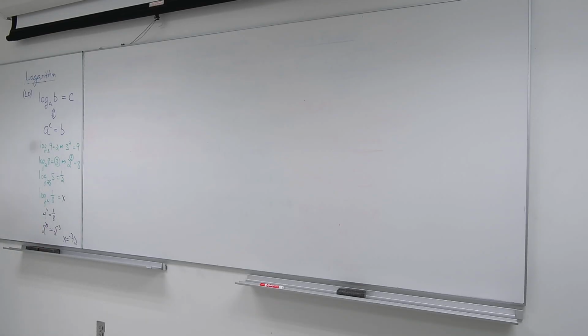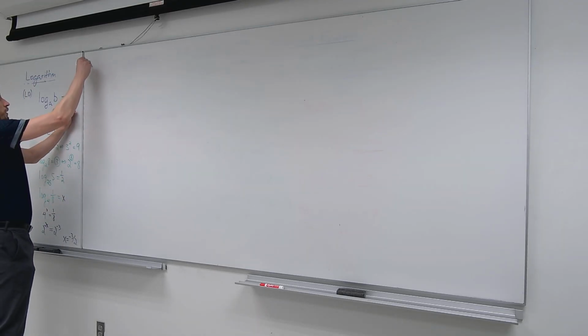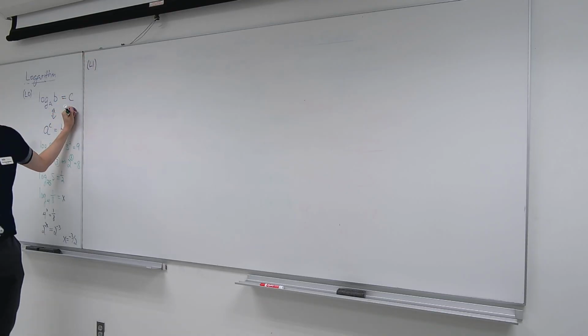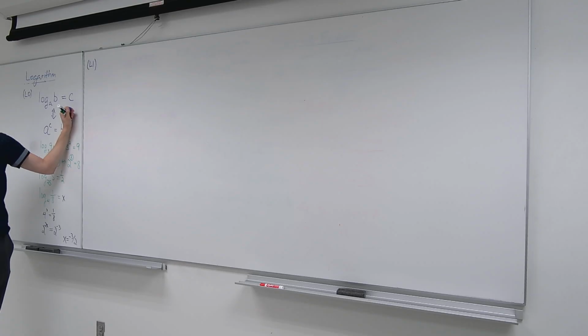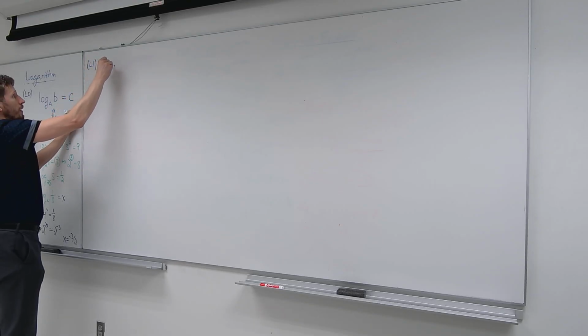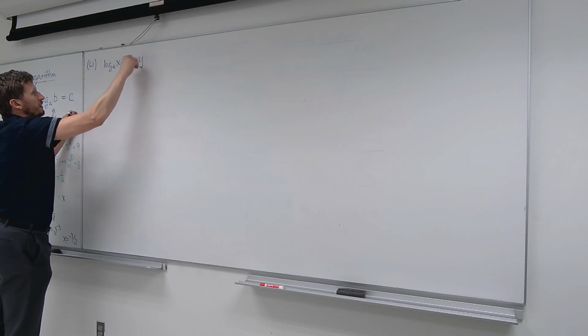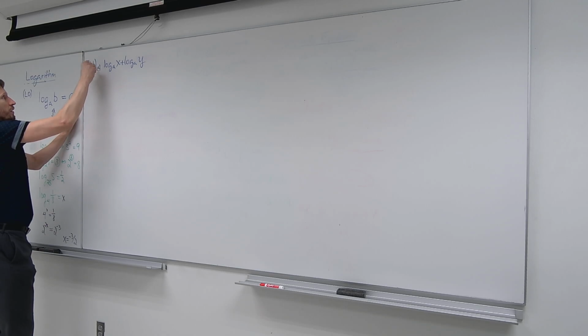That's how logarithms work. Okay, so let me show you properties of logarithms. Let's go, property L1. If you're adding two logarithms, log a x plus log a y, any ideas what happens?